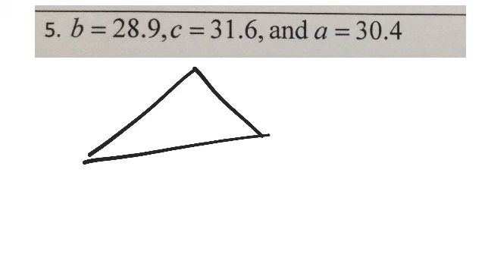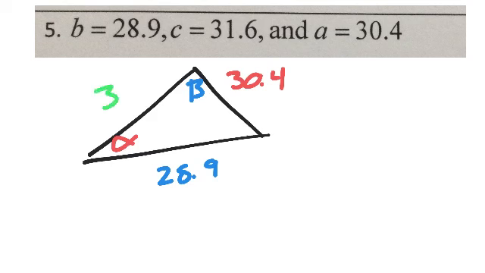Okay, so if this is A, then that means this is alpha. If this is B, then this one is beta. And C, which means this one is gamma.